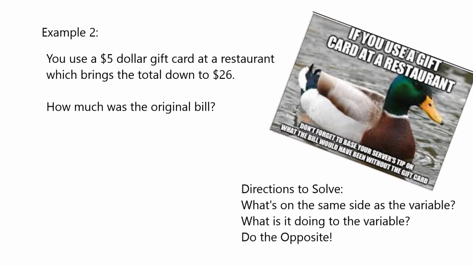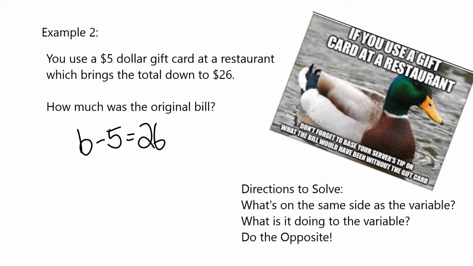If you were able to figure out this calculation, $31, you were using algebra and solving equations in your head. The original bill minus the $5 gift card gave us a new total of 26. To solve, what's on the same side as the variable? 5.